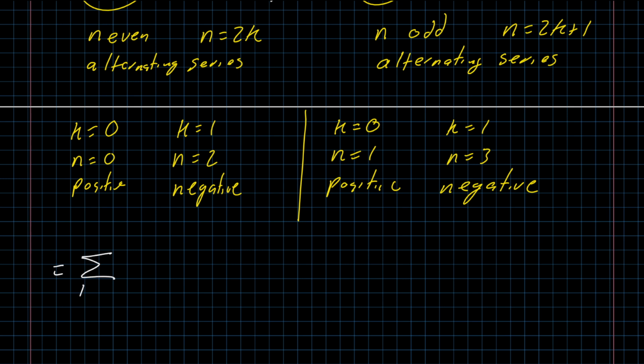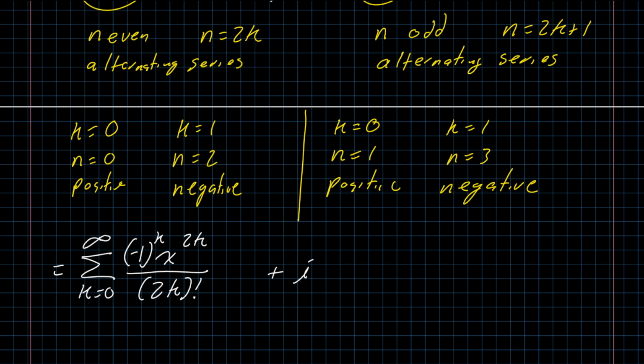So if we just add up all the k's going from 0 to infinity, we're going to have x to the 2k, over n factorial, which in this case is 2k factorial. And then if I put negative 1 to the k power, that will give me a positive 1 for an even value of k, and a negative 1 for an odd value of k.